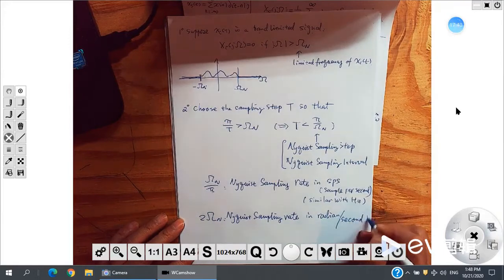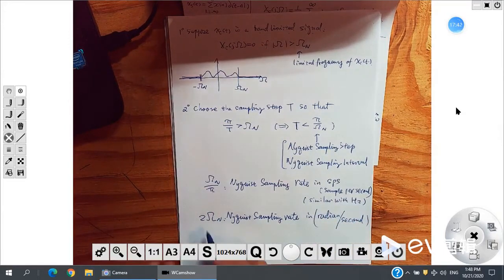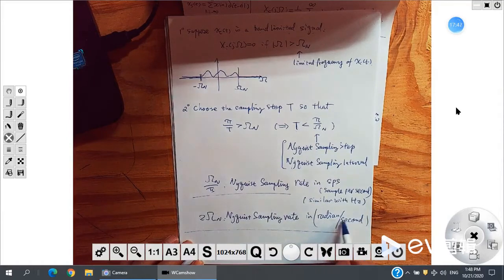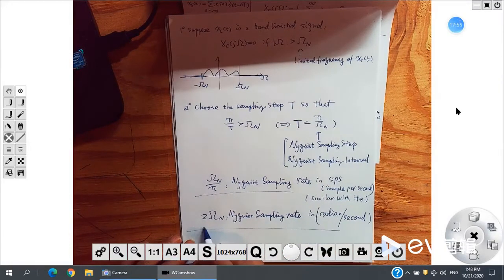The same meaning, just a different unit. In samples per second, you use this number. In radians per second, you use this number, 2 omega n.